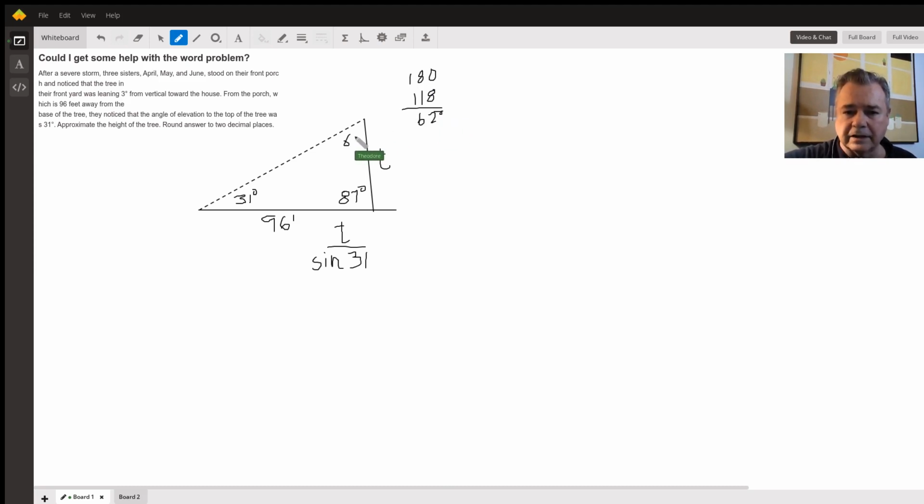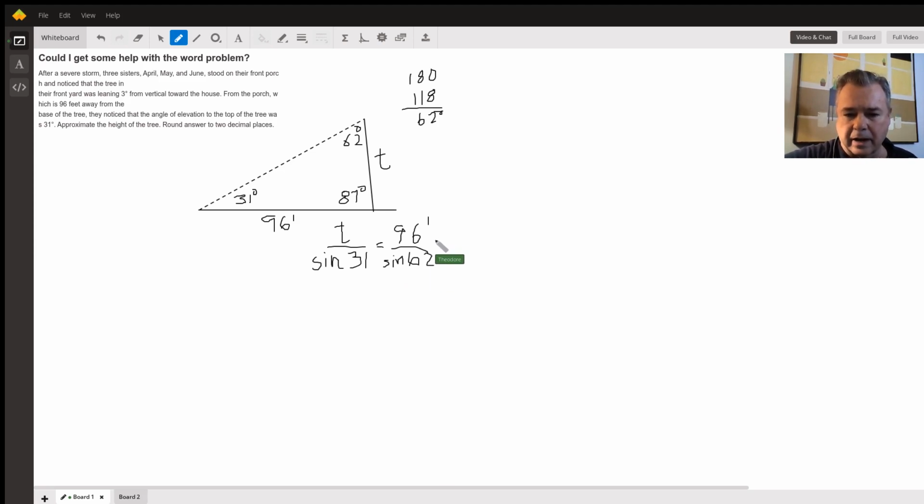So now we have this angle. And we can complete our equation. This 96 feet is going to be divided by the sine of 62 degrees.